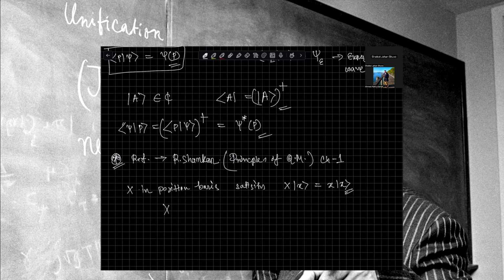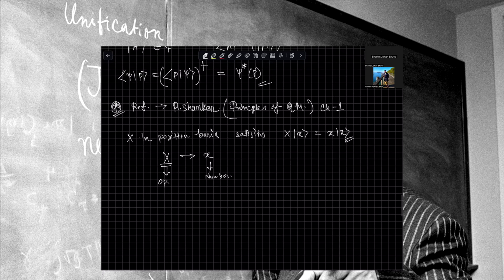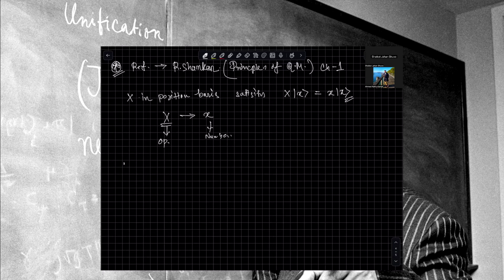Essentially, if you have a capital X, this translates into some small x, like this is an operator and this is a number or a variable, whatever you want to say. And the momentum operator in the position basis will look something like this, negative i h bar d/dx. Or if you're working in one dimension, you can write d, and if you're working in multiple dimensions, let's say in 3 dimensions, you have px, py, and pz. So this will look like the partial derivatives and so on.